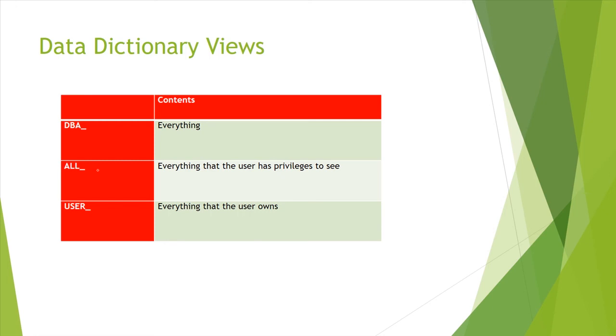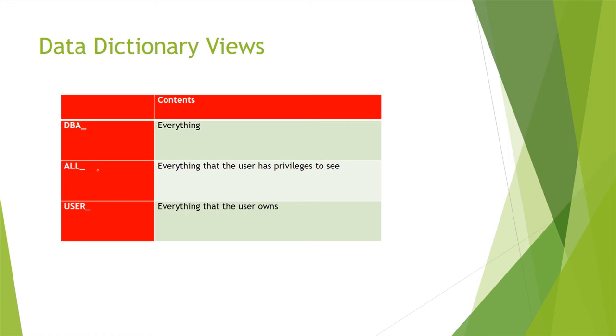ALL_TABLES, for example, returns all the tables the user owns plus all tables the user has privilege to see. For example, if you are connected as the HR user, the HR user has two tables, employees and departments, and has a select privilege on a table, for example, the system.test table.